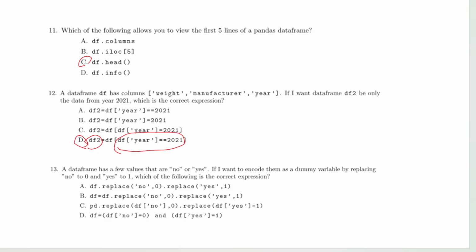Okay, number 13 is about the correct usage of the replace function. This is what I meant earlier, that some methods return a new object and some methods just act on the already existing object. So A says just df.replace no to 0, replace the s to 1.